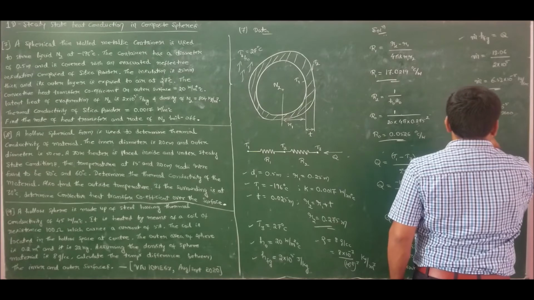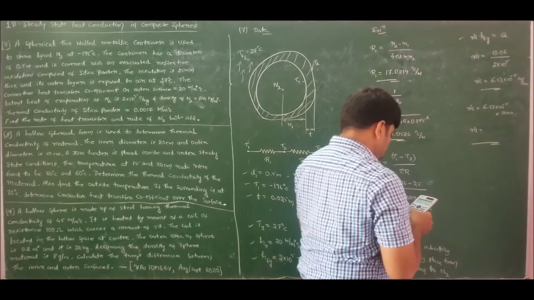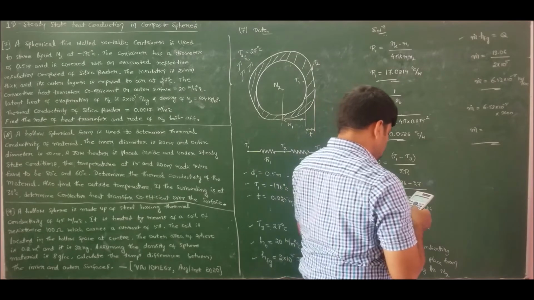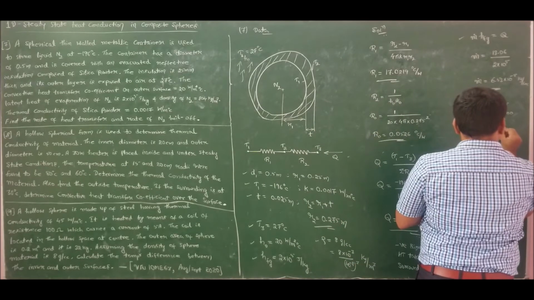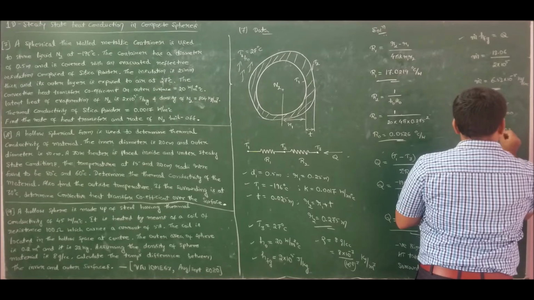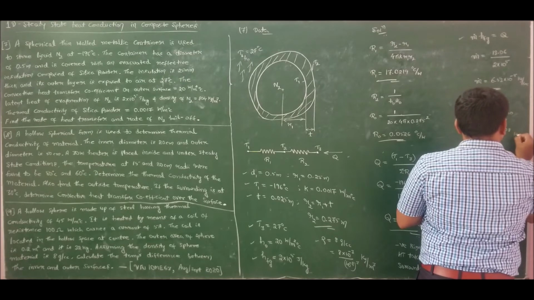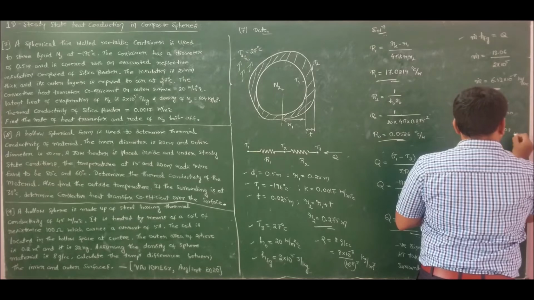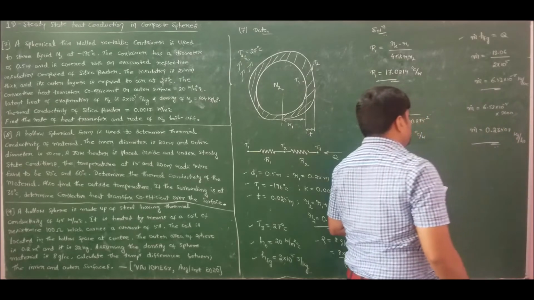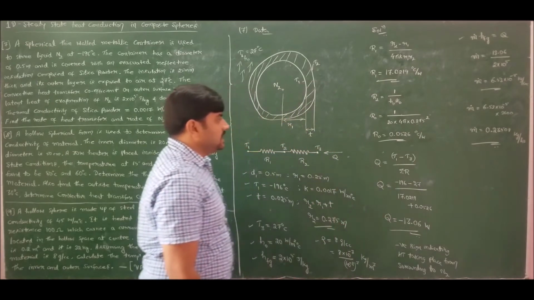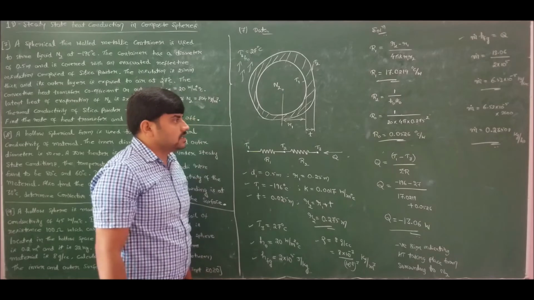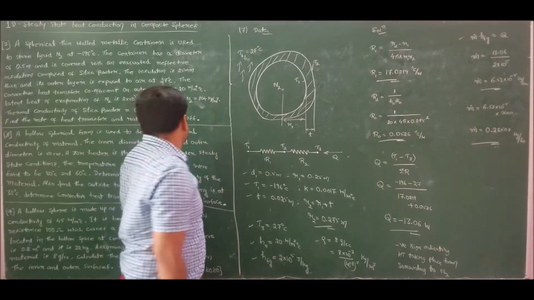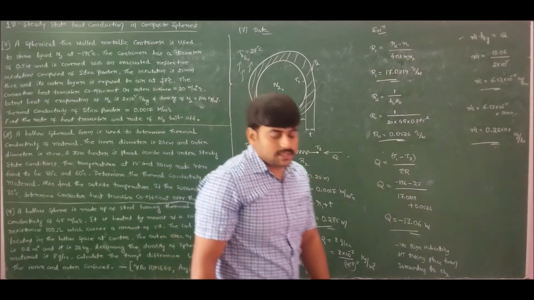So if I do that, I will get it in kg per hour as 0.23508 kg per hour. So per hour around 0.235 kgs of liquid nitrogen is boiling off. Let me pause this video for a while so that people can copy it down. Later we will solve problem number 8.